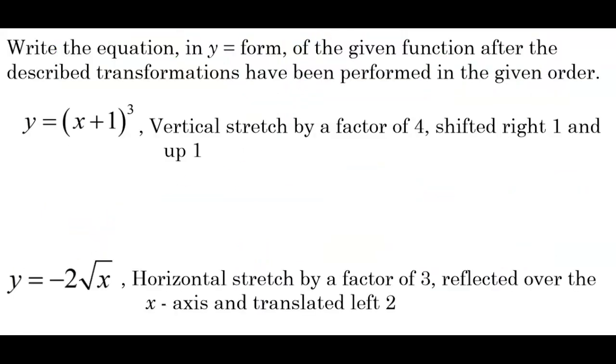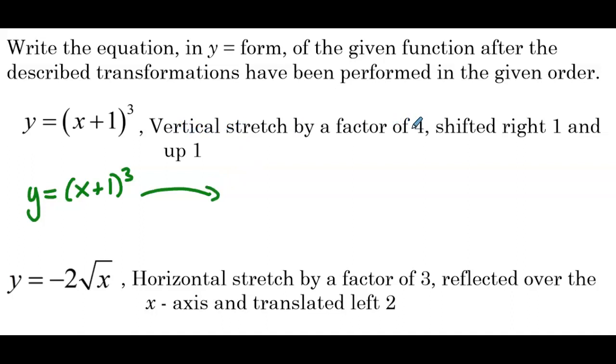Same directions. Now we're starting with y equals x plus 1 quantity cubed. So this has already been translated, and then we're going to follow that up with a vertical stretch by a factor of 4, shifted right 1 and up 1. Okay, so we're starting now with y equals x plus 1 cubed.